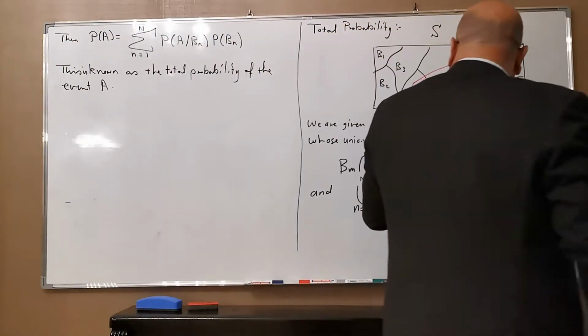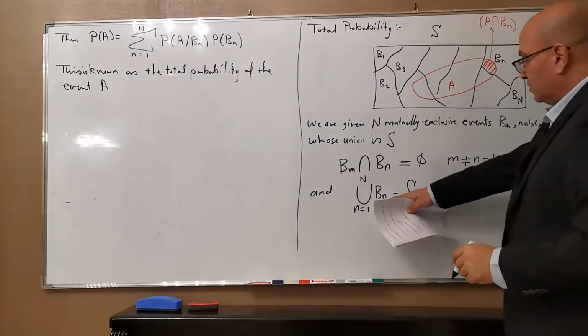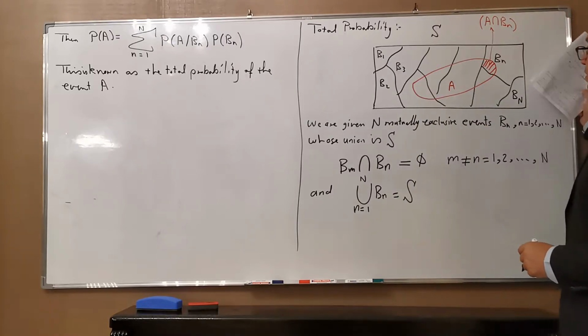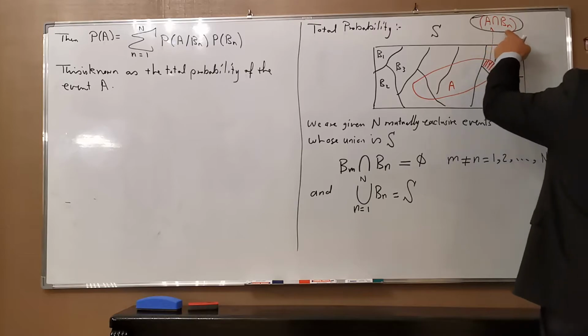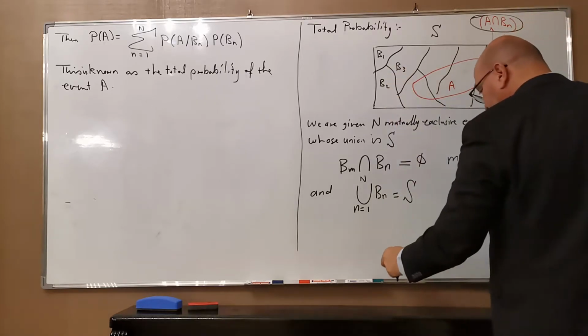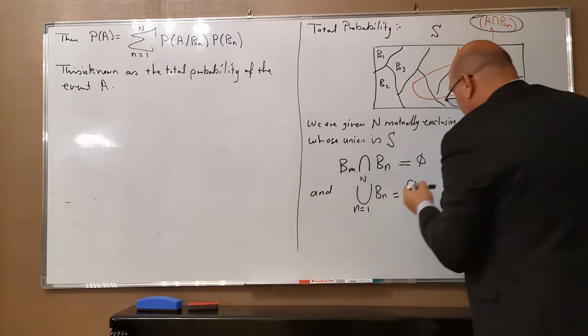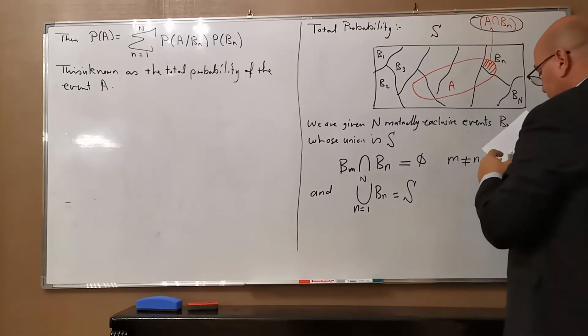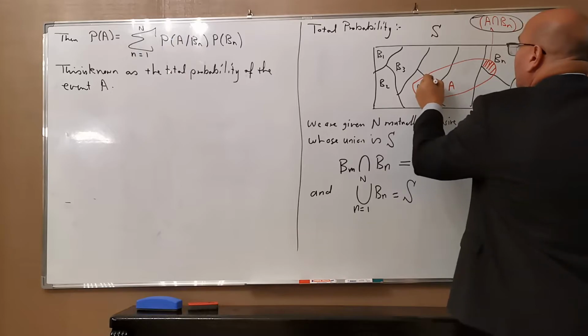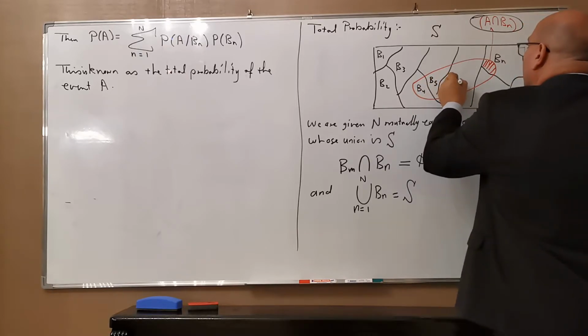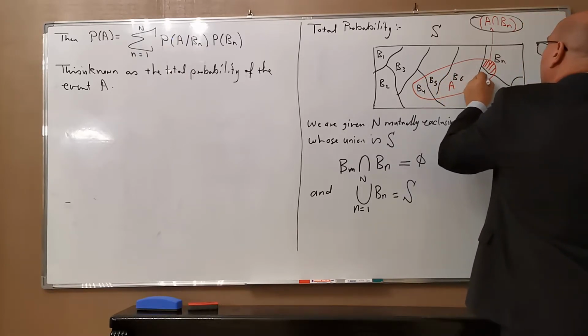Actually, since those B sub n's are disjoint, notice that this one, let's say, is B3, this one is B4, B5, B6, and B7.